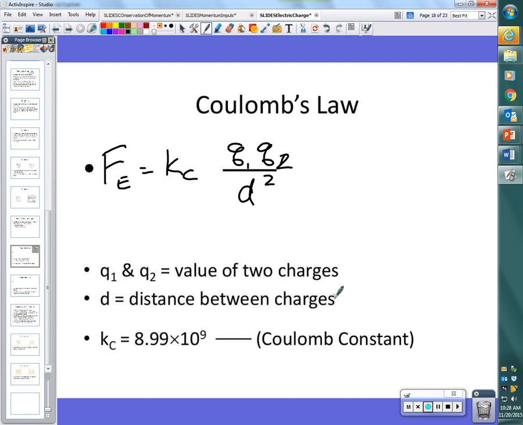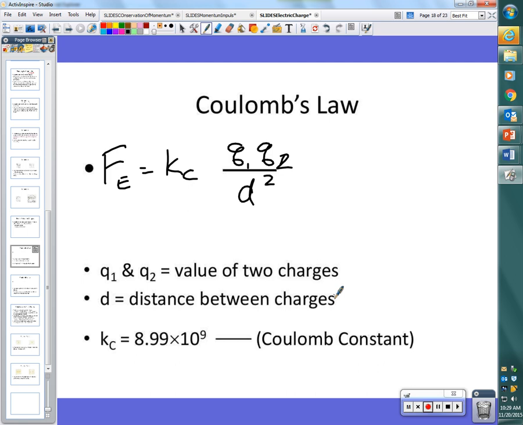Q1 and Q2 are the value of the charges. We said, what's responsible for giving something a charge? What has to happen in order for it to have a net charge? An imbalance or a different number of protons and electrons, right? The Q values here describe for us how big of an imbalance there is between protons and electrons, right?